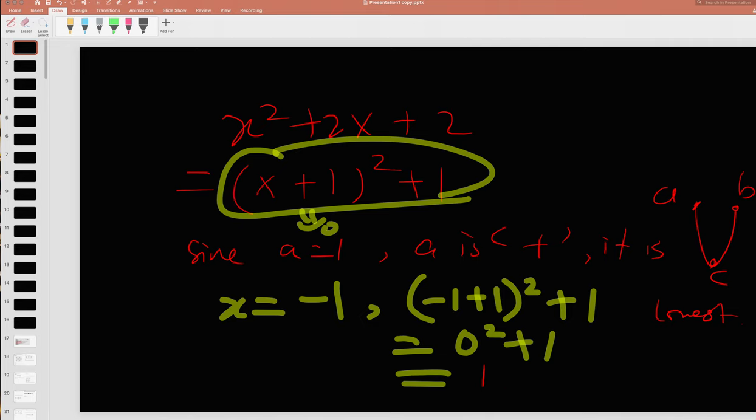So therefore your lowest point is negative 1 and 1. Simple? So that's how you get the lowest point. That is the practical use of completing square. Simple?